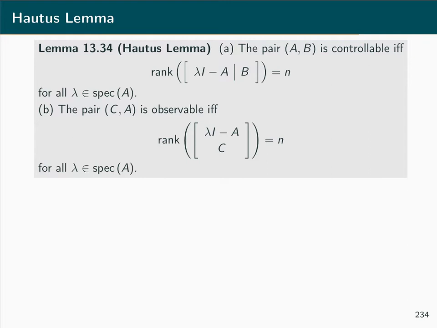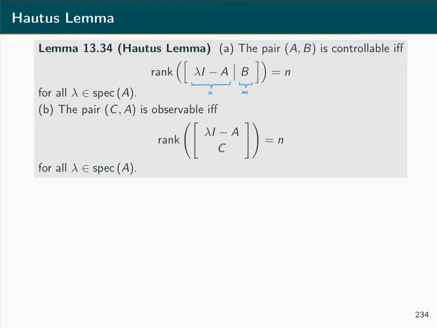In fact, for controllability in part A, it states that the pair A, B is controllable if and only if the rank of this matrix is equal to n, where the first n columns of the matrix consist of lambda I minus A, and the next m columns consist of the columns of B, and this rank condition must hold for all eigenvalues lambda of the matrix A.